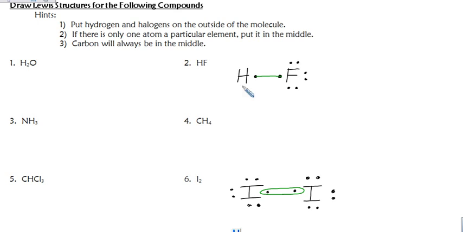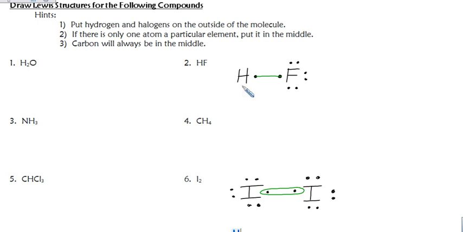Which means then that hydrogen only wants to make 1 bond. He already has 1 electron. He only needs 2. Kind of the same thing with halogens. They only want to make 1 bond. They have 7 valence electrons. They want 8. They'll only make 1 bond. So hydrogen and halogens will usually go toward the outside of your molecule.